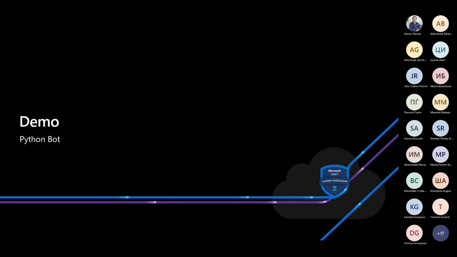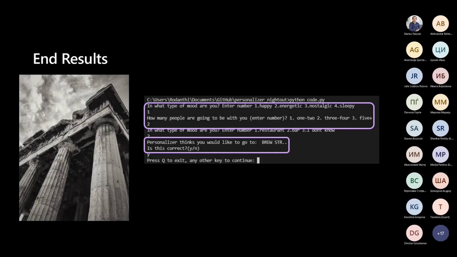So now we're going to talk about specific data for a night out in Athens, but of course you can choose your own data and your own items to show the user. So what do we want to create today? This is what you see on your screens, the very simple bot that we're going to create. This is the end result.